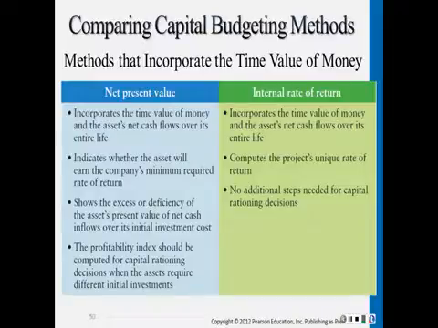These methods compare an investment's initial cost, which is cash outflow, with its future net cash inflows, all converted to the same point in time, the present value. Profitability is built into the discounted cash flow methods because they consider all cash inflows and outflows over the project's life. Methods that incorporate the time value of money include net present value and internal rate of return.